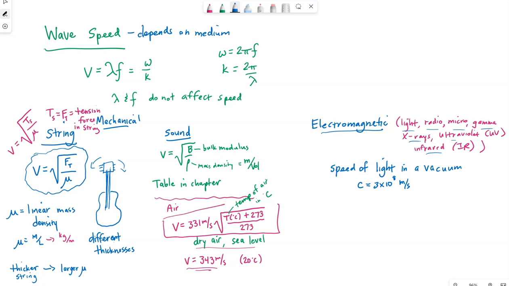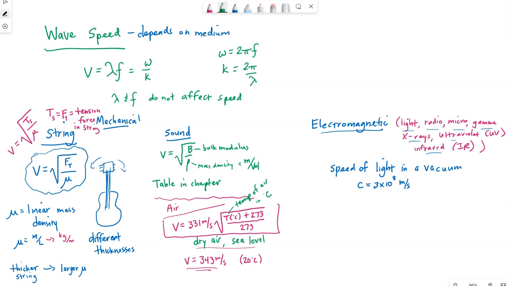But similar to other waves, if we change the medium, meaning if the light now is entering our atmosphere, if light enters water, if light enters glass, the speed changes because it is now traveling through a different medium.